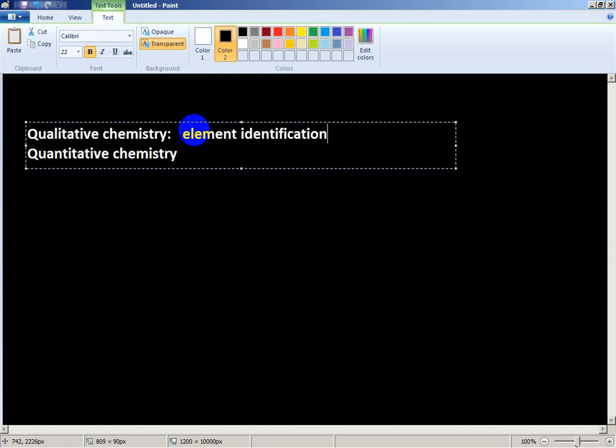In quantitative chemistry, we find the amount or volume of a substance present in a sample. Here we find amount or volume, and there we find identifications.